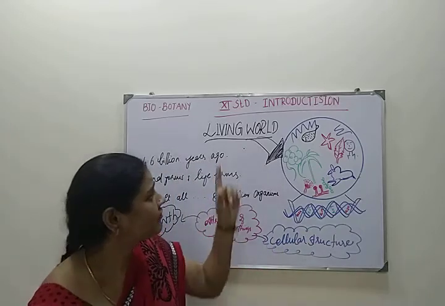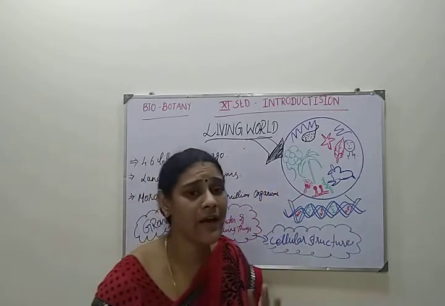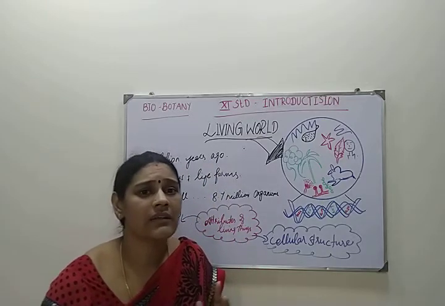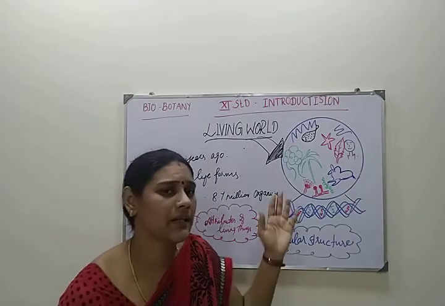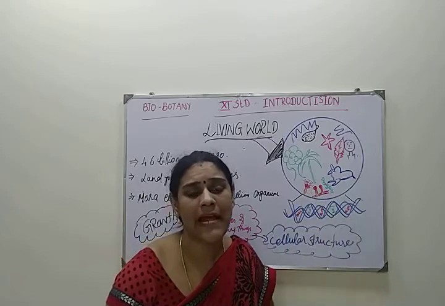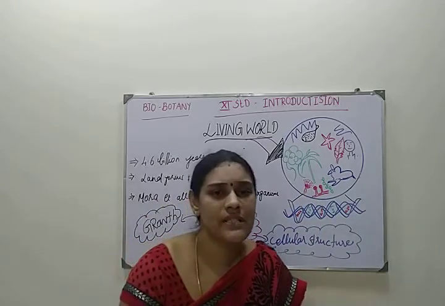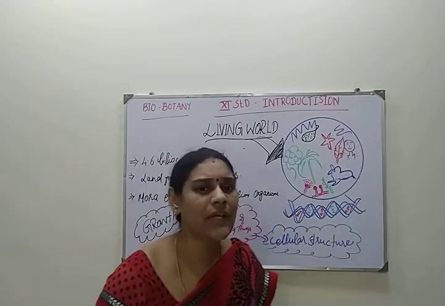The first is Living World, where you will mainly read about bacteria, fungi, and viruses. In the next chapter of this unit, Plant Kingdom, you will read about what a plant is and how it is classified. Hence it comes under the diversity of the living world.